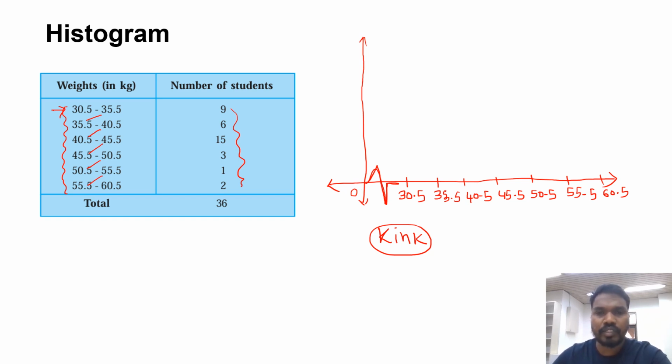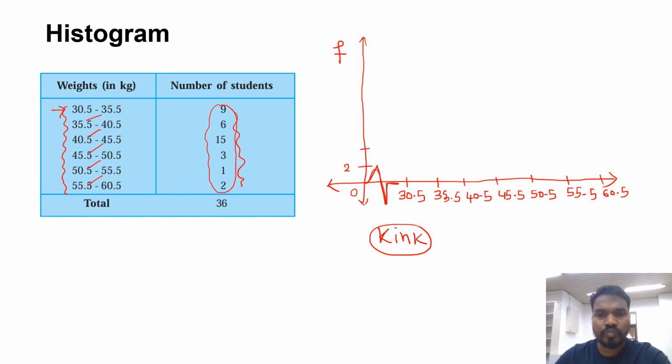along the y-axis, right? So this is the frequency, and here you can take a proper scale, because if you want to represent these values, generally we take a scale. I am taking a scale of 2.